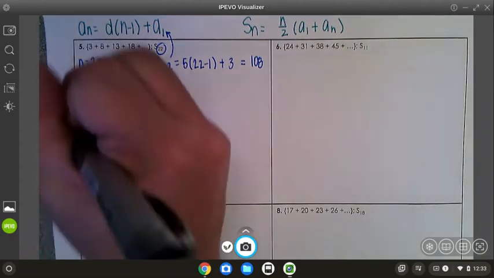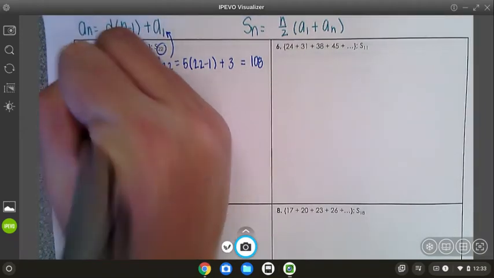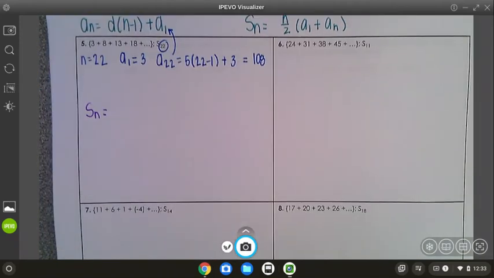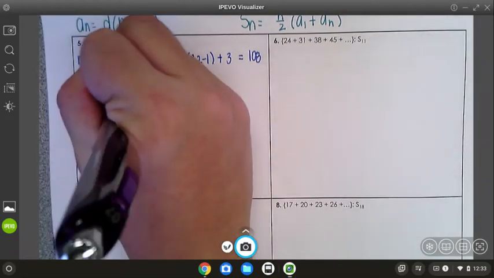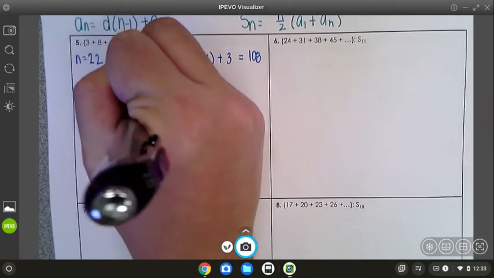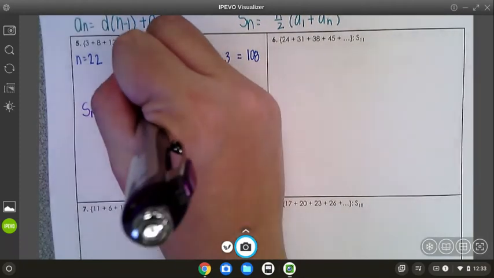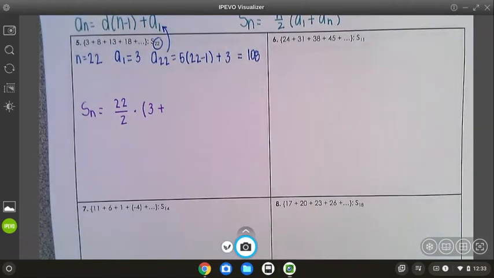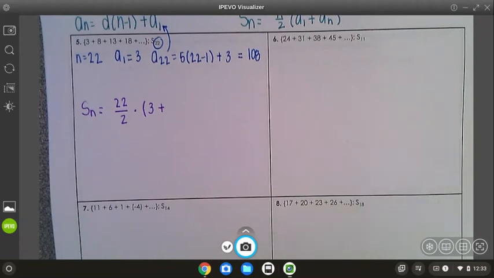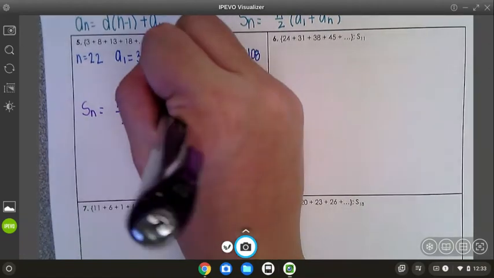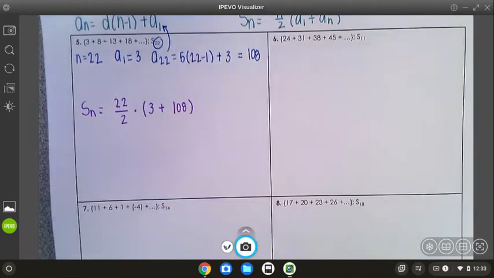So we're going to put that into the Sn formula. N over 2 times A1 plus An, or in this case it's A22, 108.